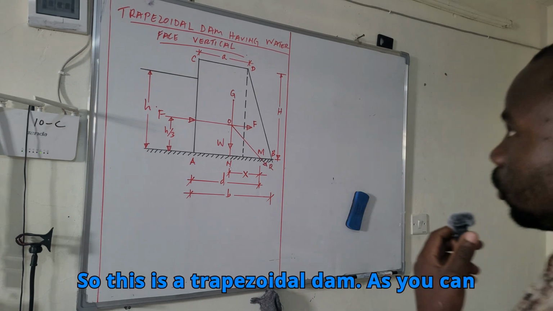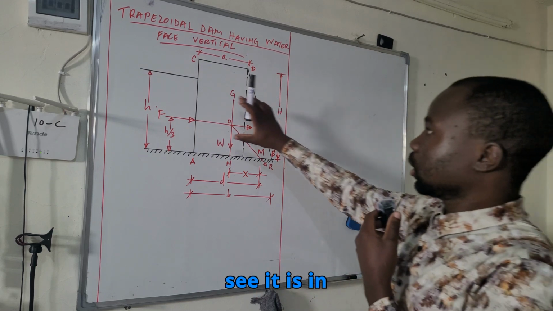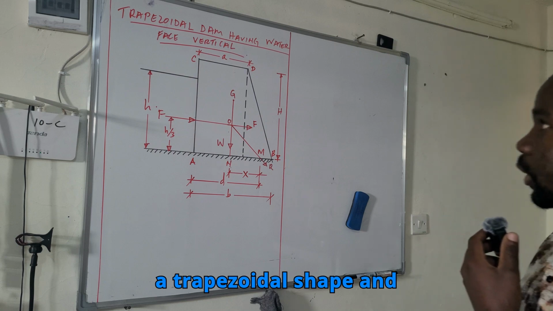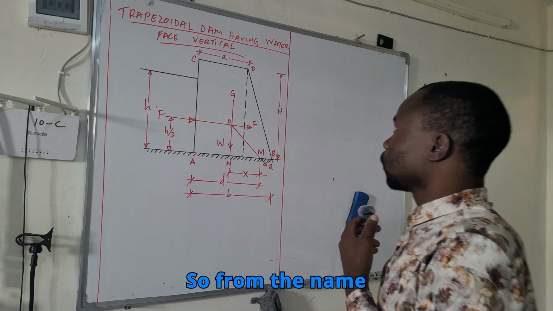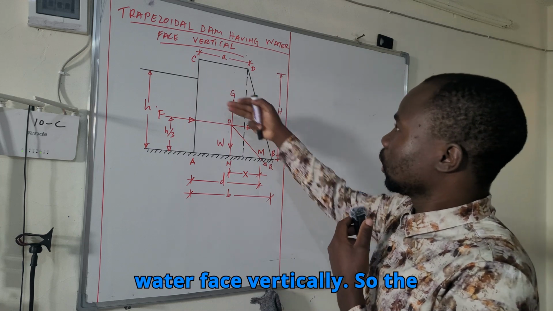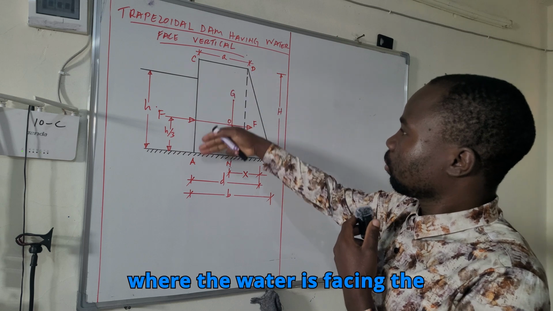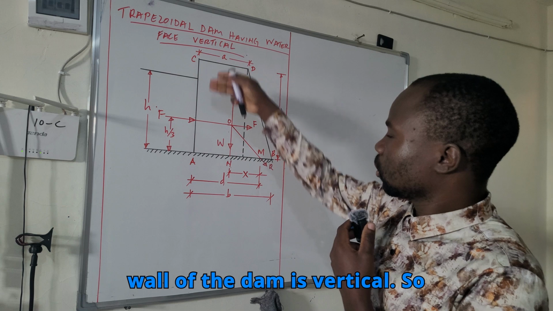So this is a trapezoidal dam. As you can see, it is in a trapezoidal shape, and this is a body of water. From the name, water face vertically, where the water is facing the wall of the dam is vertical.